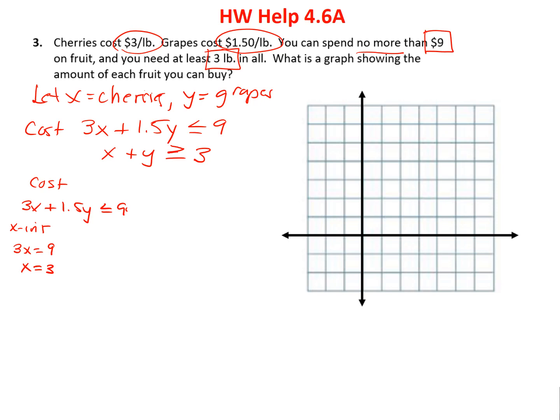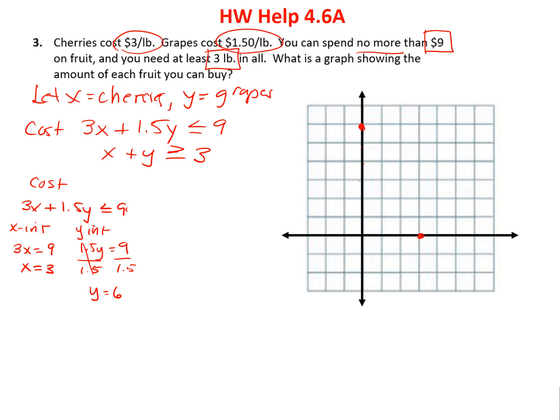So I'm looking for my boundary line here. And so 1, 2, 3, there's where that's going to intercept. And on the y-intercept, it's going to be 1.5y equals 9. If we divide by 1.5, we find out that y equals 6. So it's going to be 1, 2, 3, 4, 5, 6.